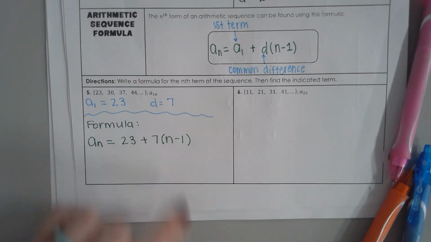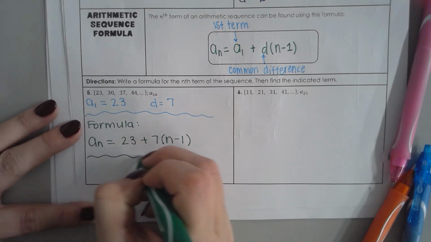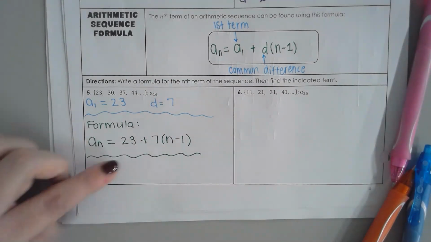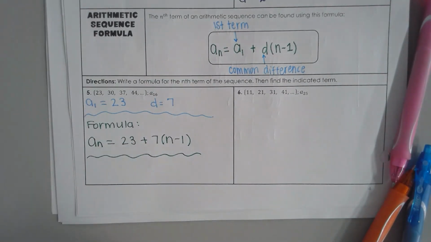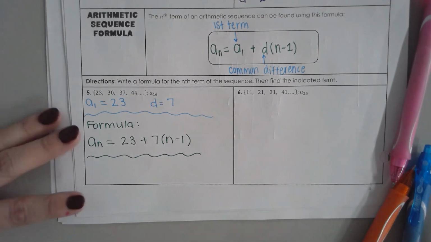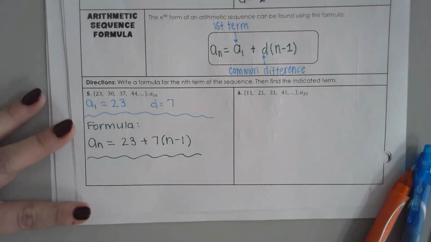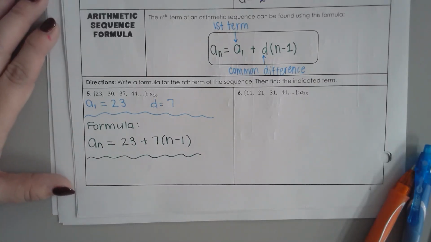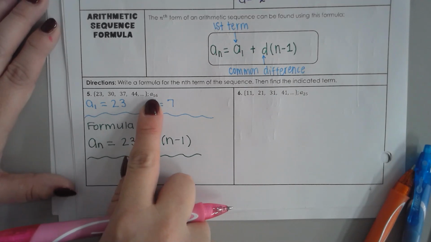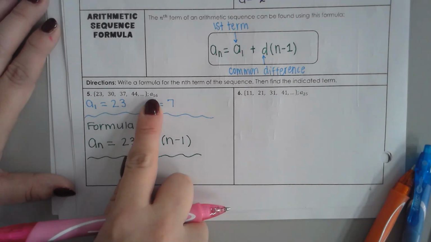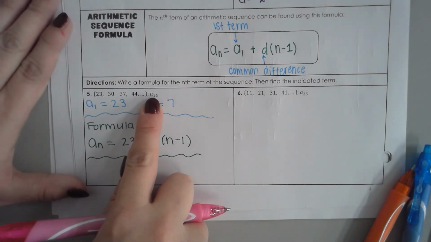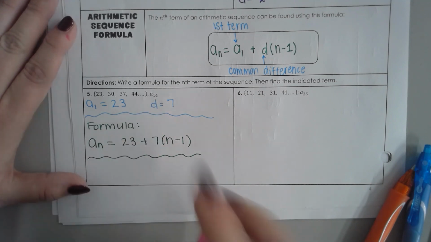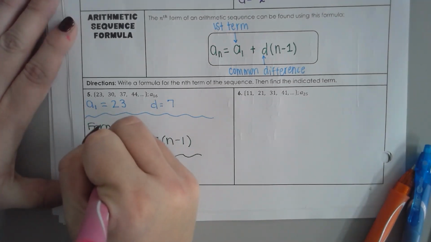Okay, so this is your formula. That's the formula that will help us find any term in this sequence. What specific term am I asking you to find? The 16th term. So I'm asking you to find A16.